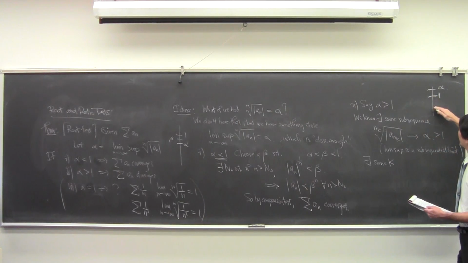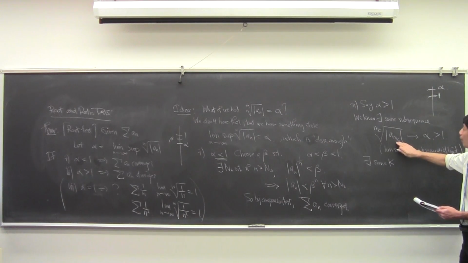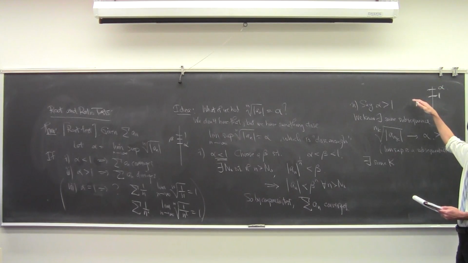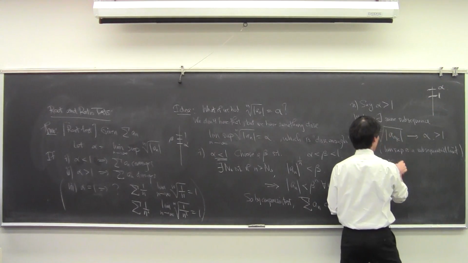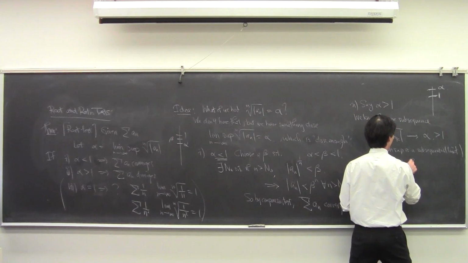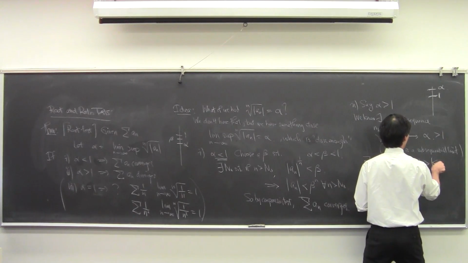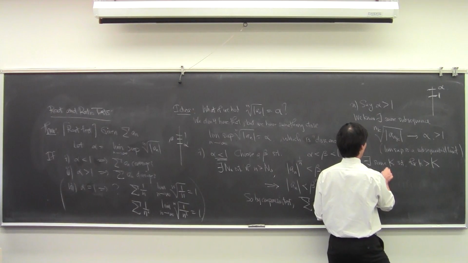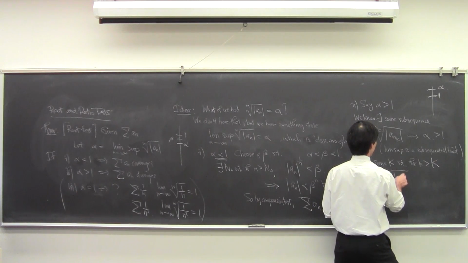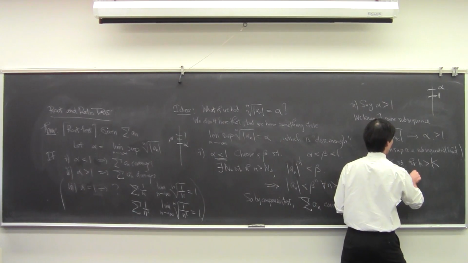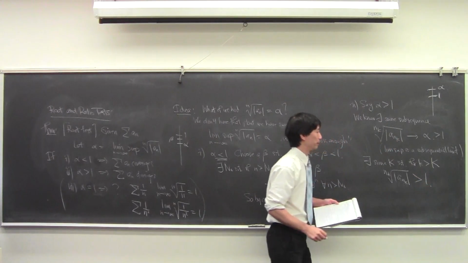And so we know that past some point, all of the guys in this subsequence are bigger than 1. So there exists some k such that for k bigger than that, all these guys are bigger than 1.